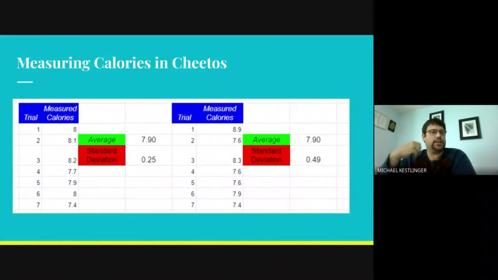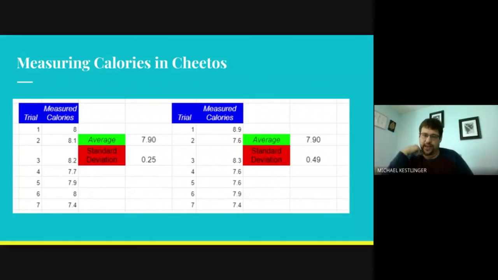Now, here's where we can take it into research and where your paper can be escalated a little bit. The left data set had a standard deviation of 0.25. The right data set had a standard deviation of 0.49. So basically, what this means is that the left data set was so consistent that most of the data falls within 0.25 plus or minus.